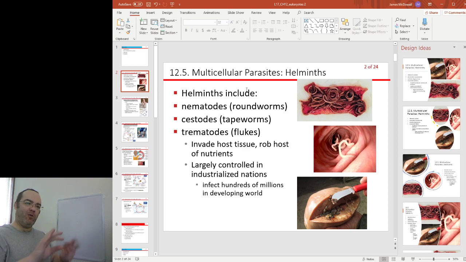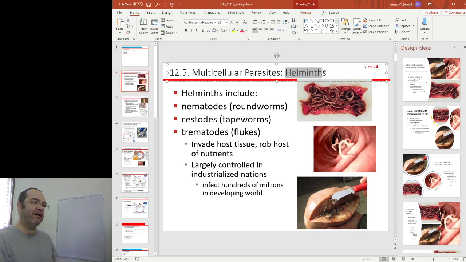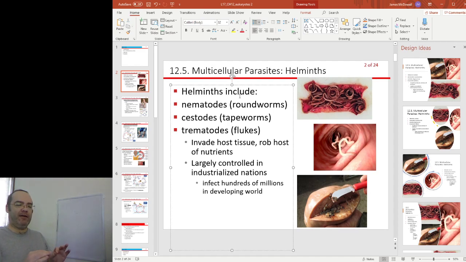Helminths include a wide range of different animals, and the first point to be made is that helminths are animals. They have all the characteristics of animals. They are in the kingdom Animalia, just like humans are, and that's one reason why it can be very difficult to treat helminths.